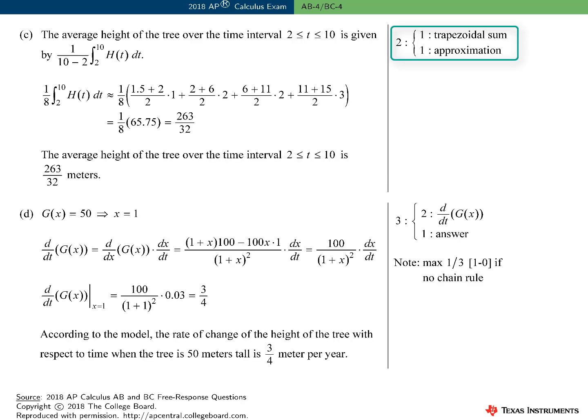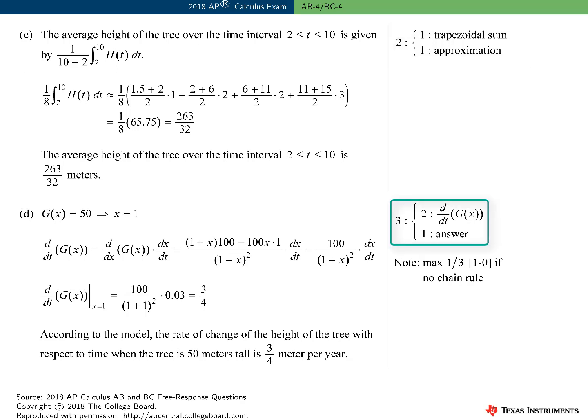Part C was worth 2 points. 1 point for writing a correct trapezoidal sum using the values in the table, and 1 point for finding an approximation to the average height of the tree over the interval 2 to 10.